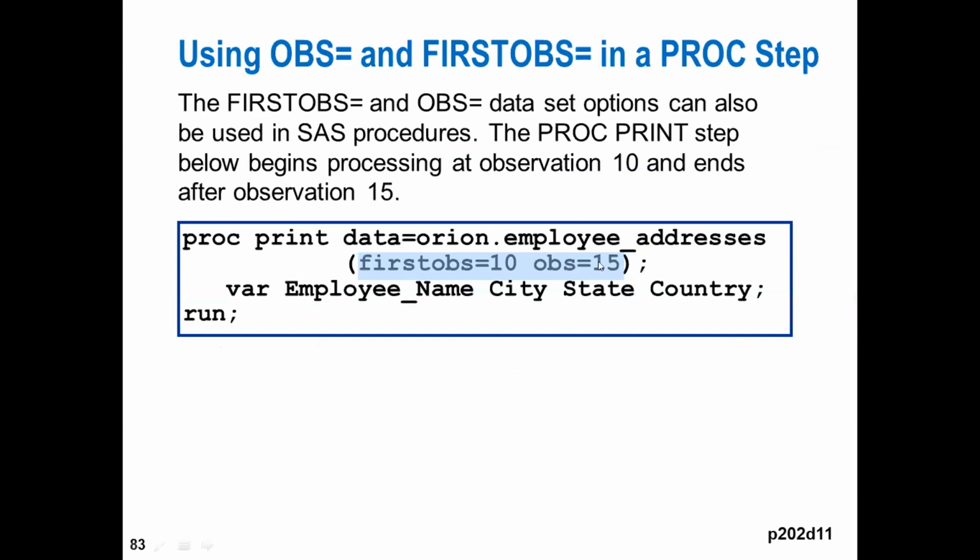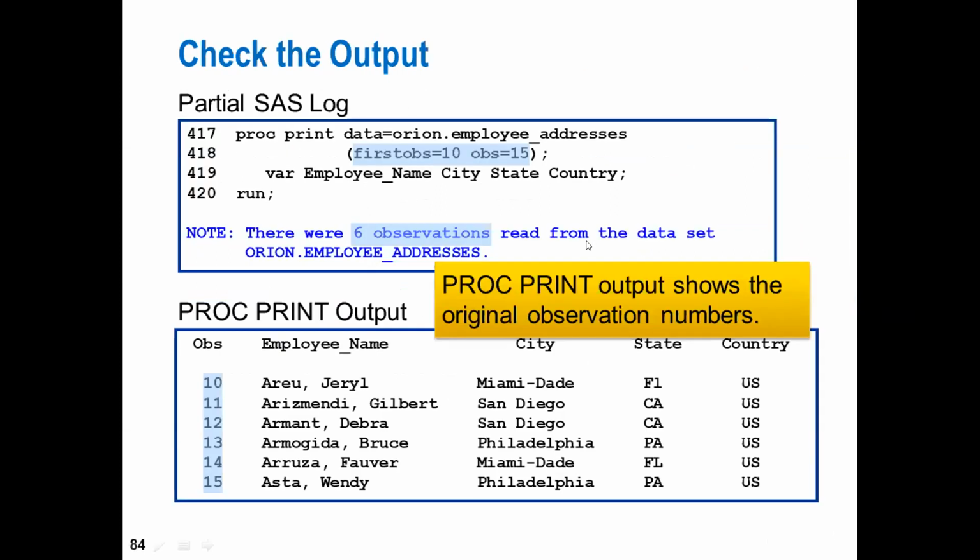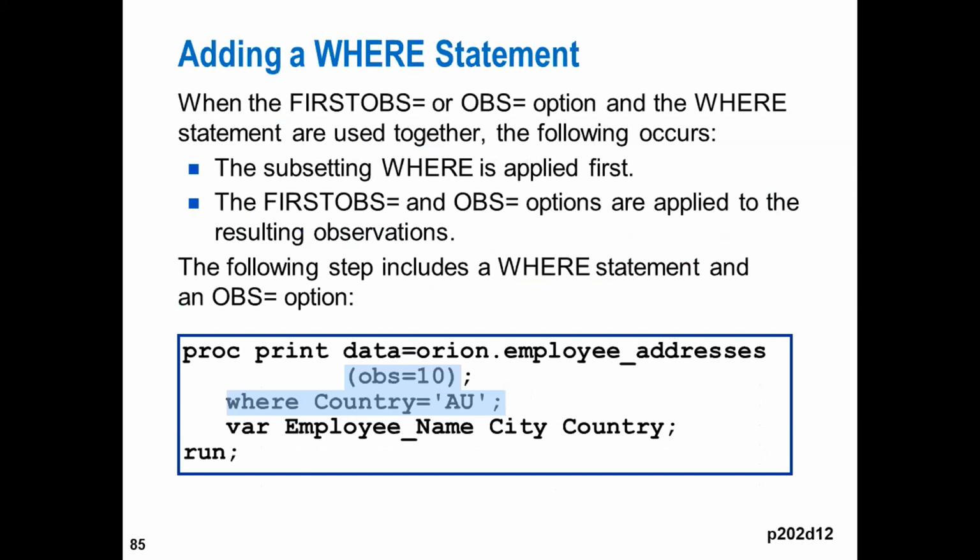Yes, you can also give FIRSTOBS= and OBS= while printing the output in PROC PRINT. Okay, so it's only for result purposes. Understand here: you are asking SAS to process where OBS is 10, and in PROC PRINT you are telling it where country is equal to AU.